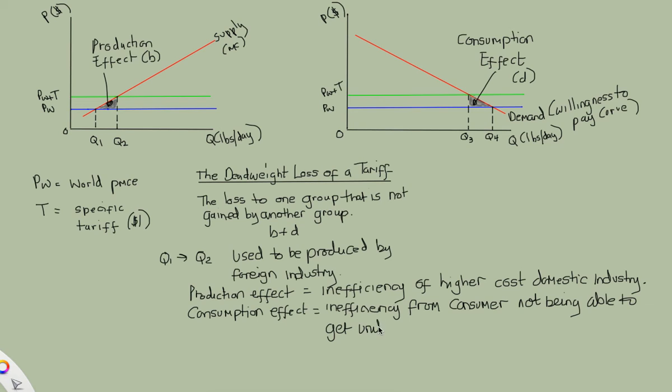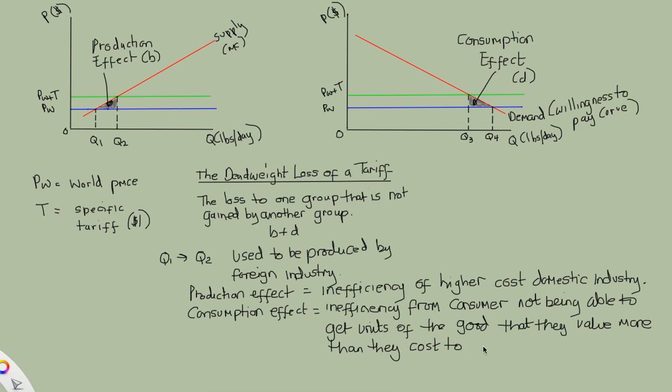So the consumer is not able to get units of the good that they value more than they cost to produce. So that's a different type of inefficiency.